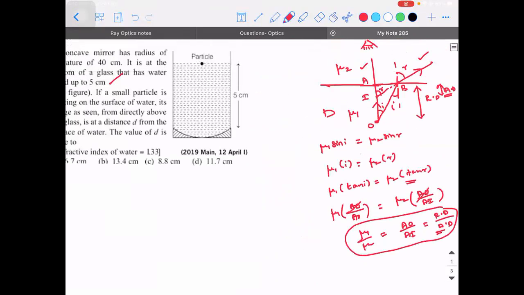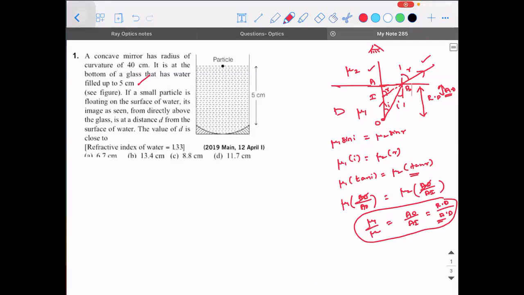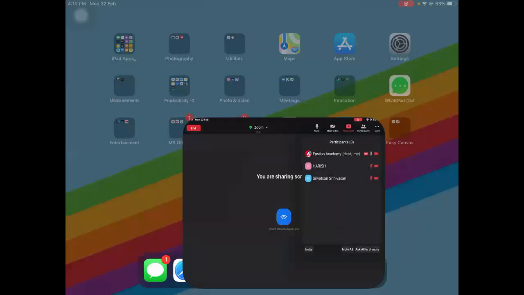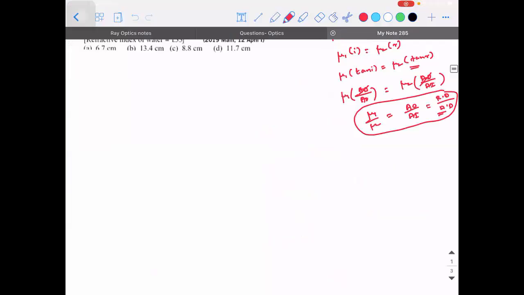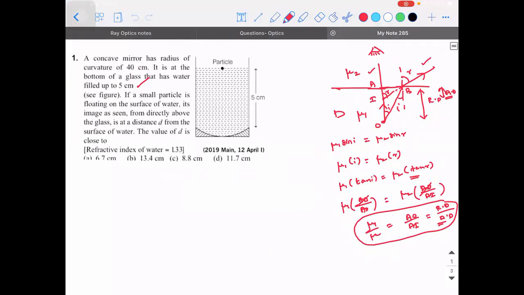Now comes an important part. What ideas are you going to follow to solve this problem? Suppose this question comes, how will you solve it? Sir, real depth will be 5 centimeter.